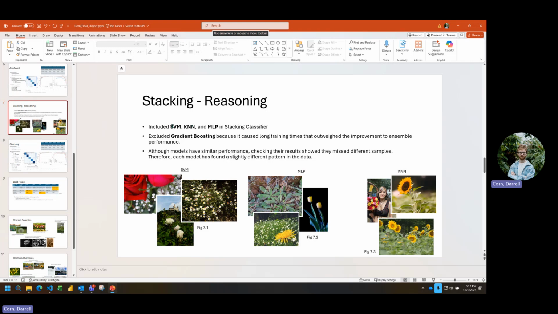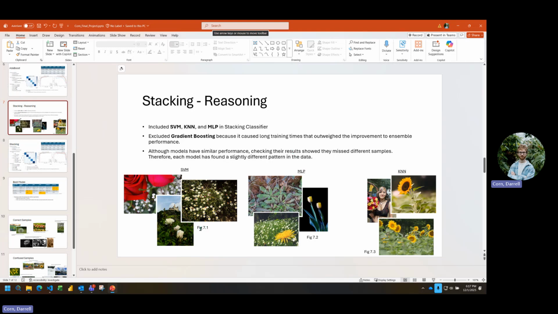Although SVM, KNN, and MLP all had similar performances that I listed earlier, they each misclassified separate samples. So I think they're finding separate patterns in the data, and bringing them all together, they could sort of correct each other on that.